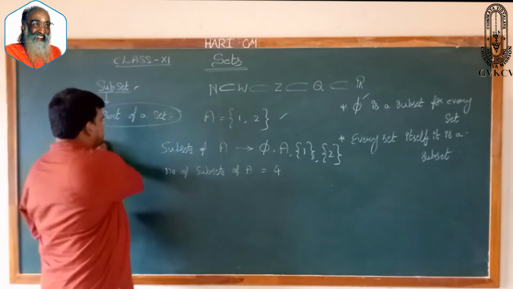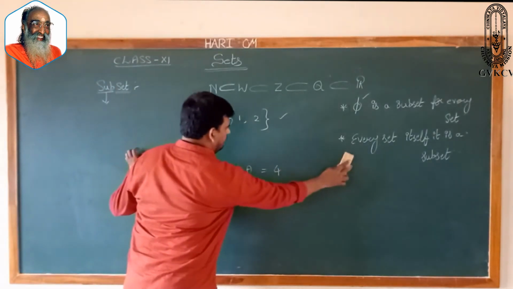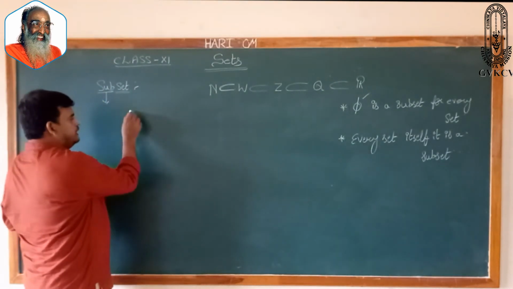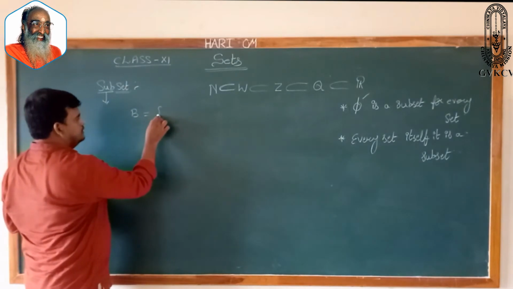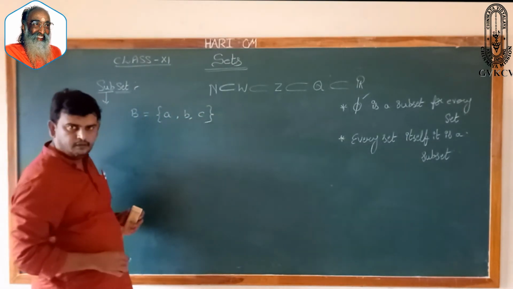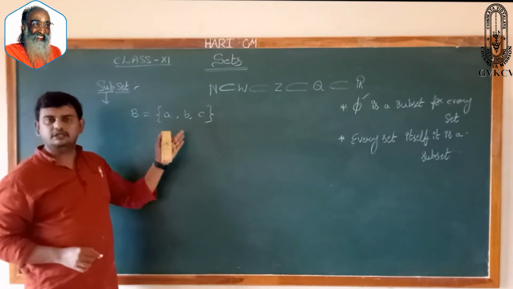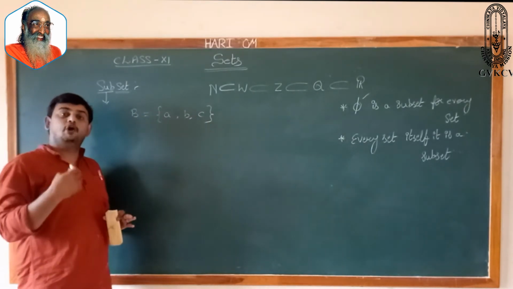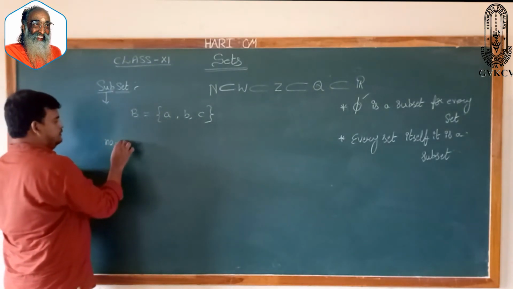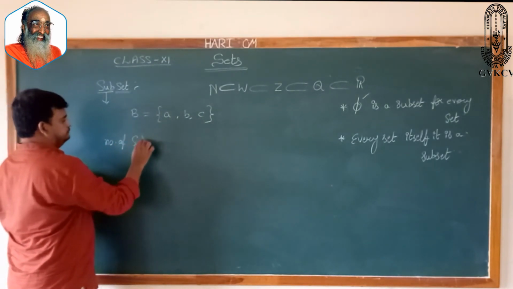Now let us see one more example to understand more about the subsets concept. If I take set B is equal to {a, b, c}, how many elements do you have? 3 elements. Now let us see how many subsets we get.